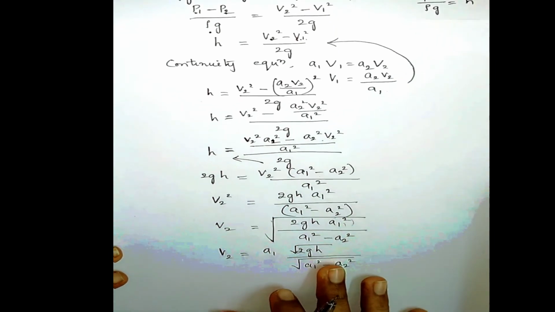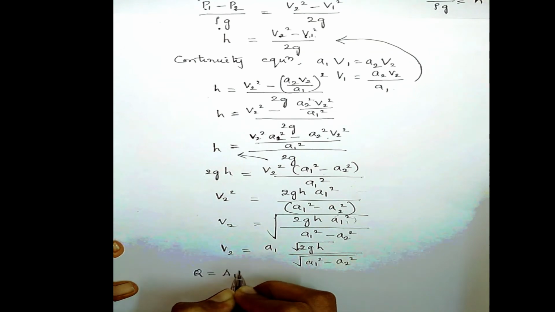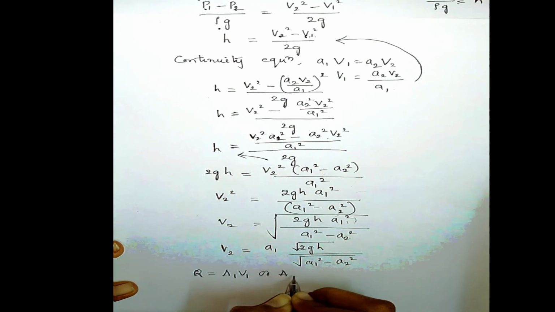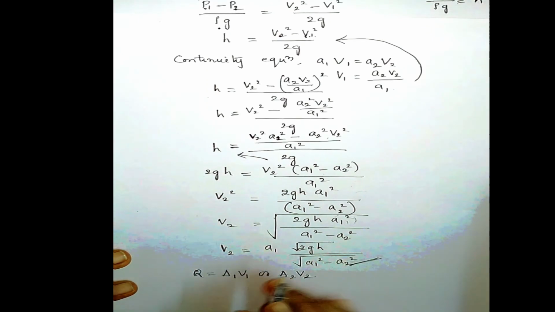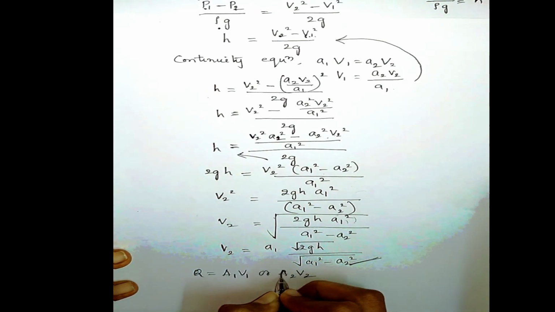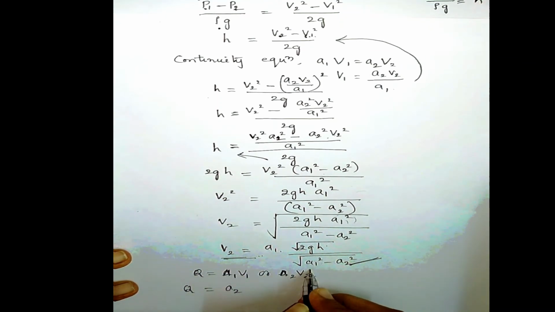Now we know the discharge equation, Q is equal to A1 V1 or A2 V2. Now we have the value of V2, so Q is equal to A2 into V2. V2 is A1 into root 2gH divided by the square root of A1 square minus A2 square.